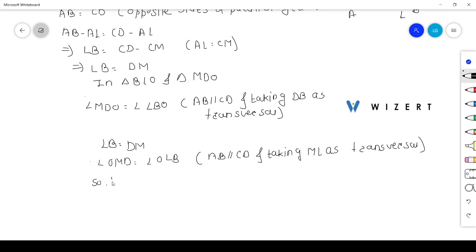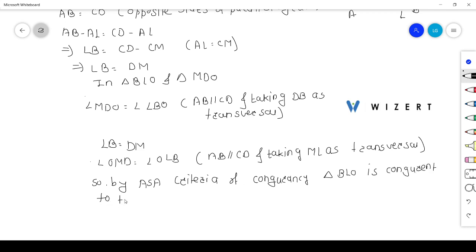So, by ASA criteria of congruency, triangle BLO is congruent to triangle MDO.